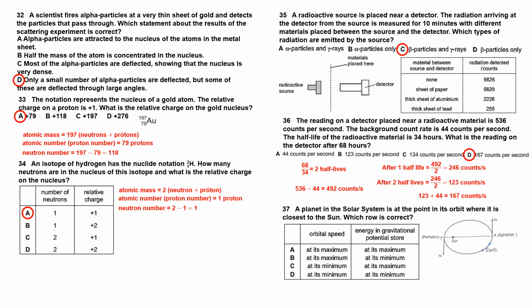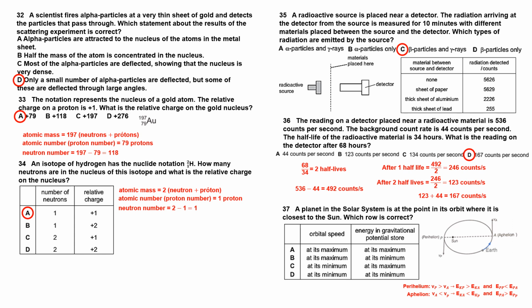The perihelion is where the planet is closest to the Sun, resulting in the highest velocity and kinetic energy, but the lowest potential energy. Conversely, the aphelion is where the planet is farthest from the Sun, leading to the lowest velocity and kinetic energy, but the highest potential energy.